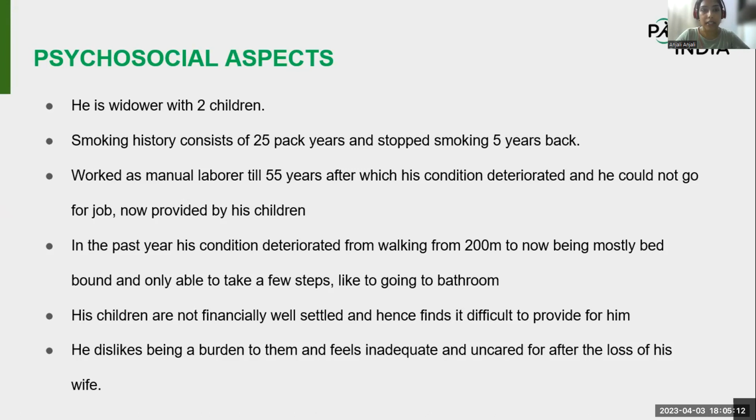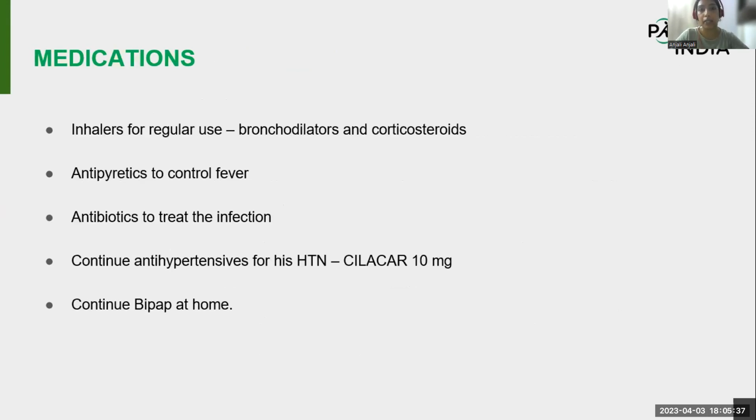In the past year, his condition has deteriorated from walking for a lot less distance to mostly being bedbound and having difficulty even going to the bathroom. His children were not financially well settled, so it was difficult for him to be dependent on them, and he felt guilty about it. He disliked being a burden to them and felt inadequate and uncared for.